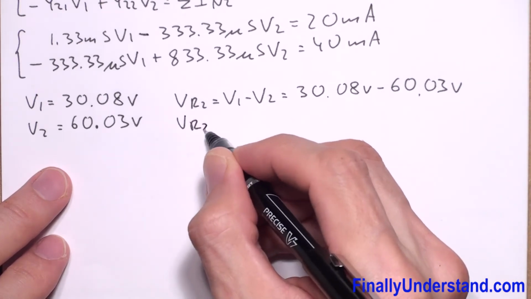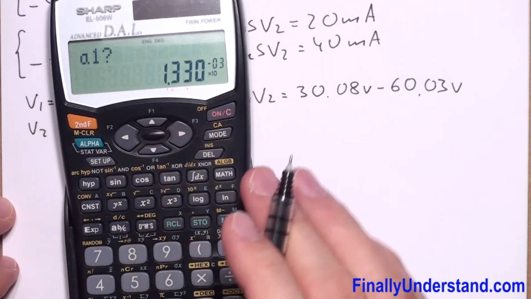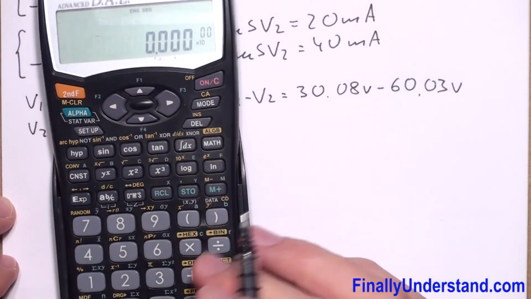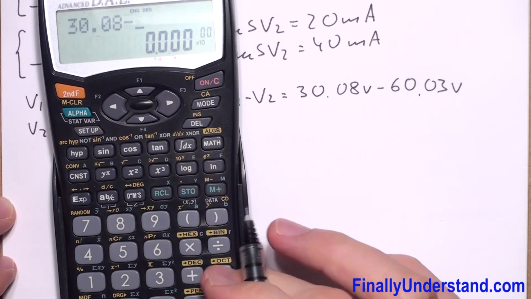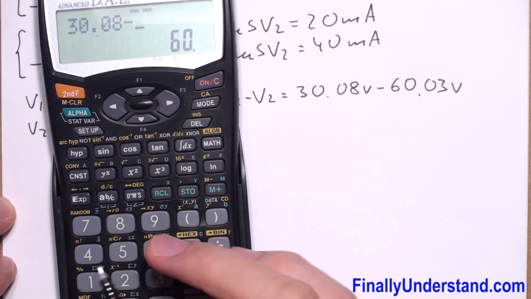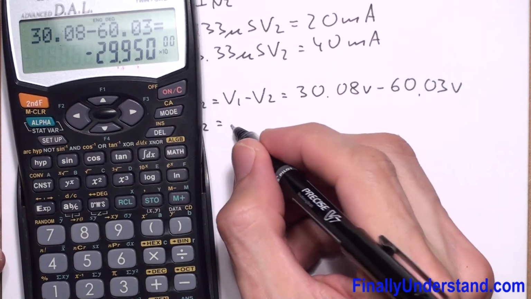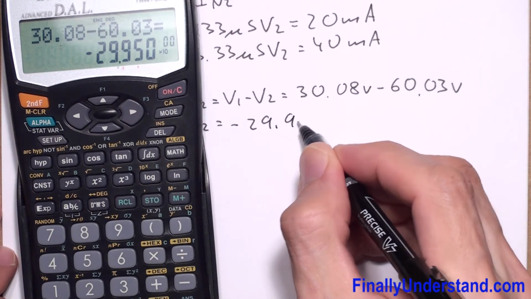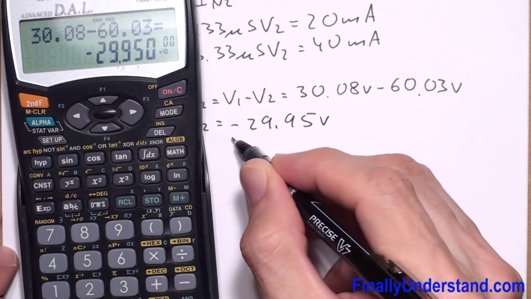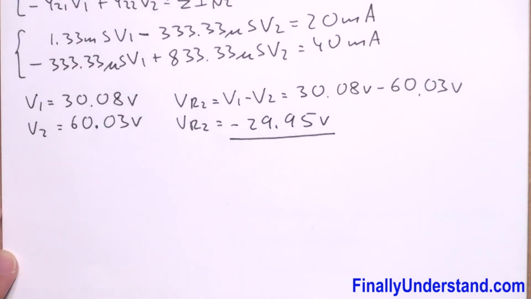So VR2 is equal 30.08 minus 60.03. This is equal negative 29.95 volts. So this is voltage VR2.